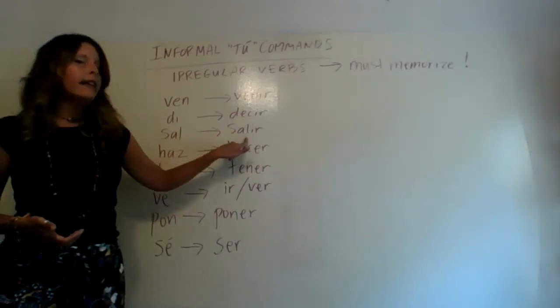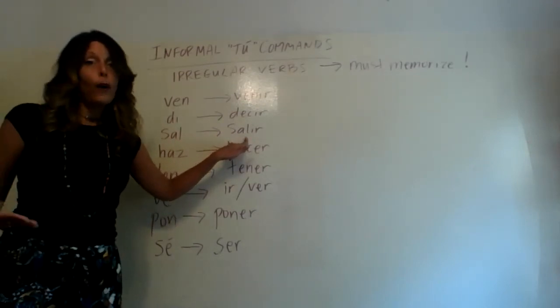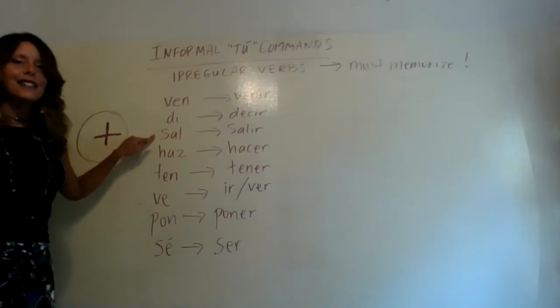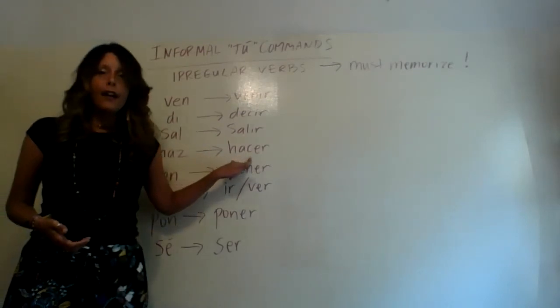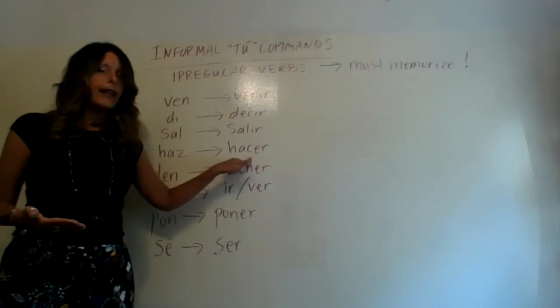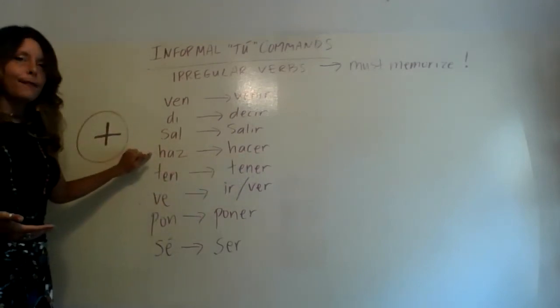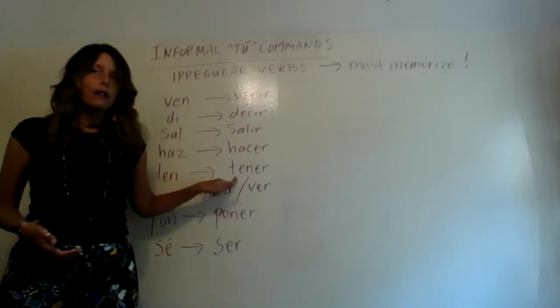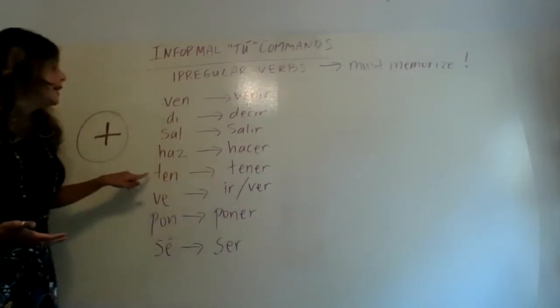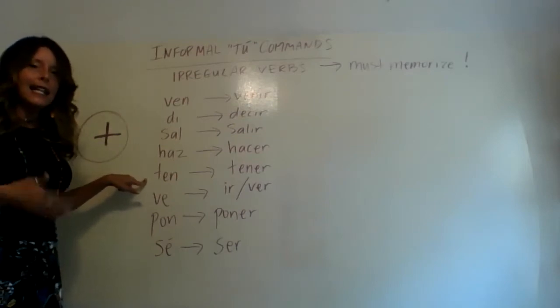For salir, to leave or to go out, is sal, S-A-L. For hacer, to do or to make, it is haz, H-A-Z. For tener, to have, it is ten, T-E-N.